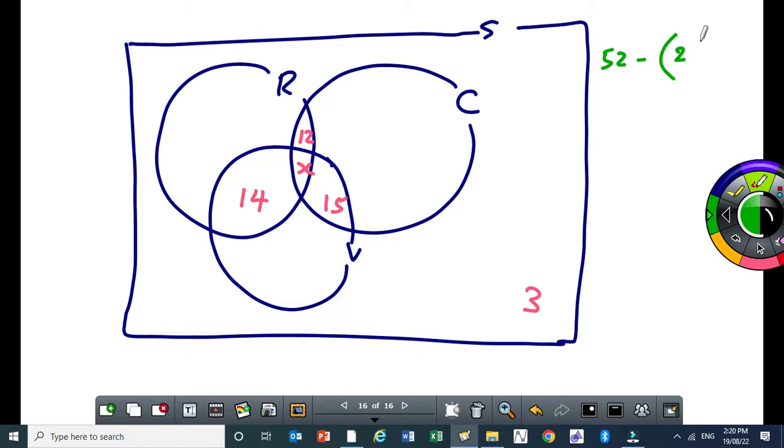That will give me 26 minus x. Are you following that? Yes. So this will be 26 minus x.